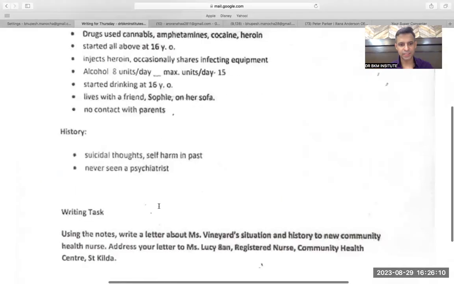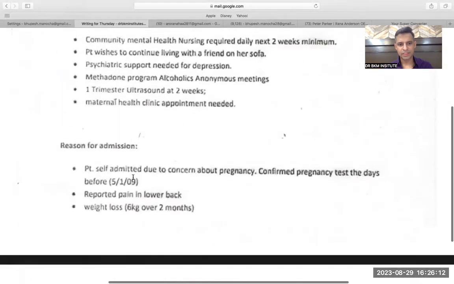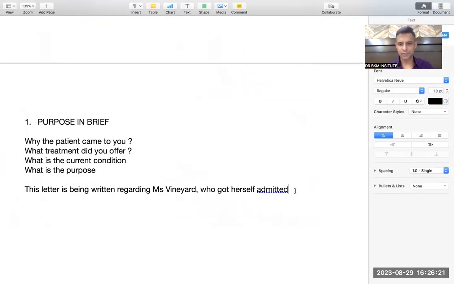Where was it? Here. It was given that patient self-admitted due to concern about pregnancy, confirmed pregnancy test days before. So admitted due to concern about her pregnancy. Now I use the connector. That is what OET needs, sentence formation.